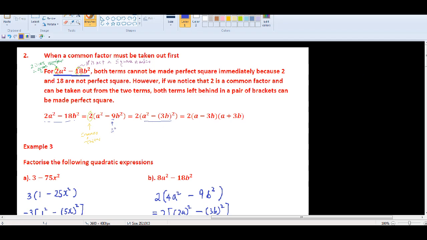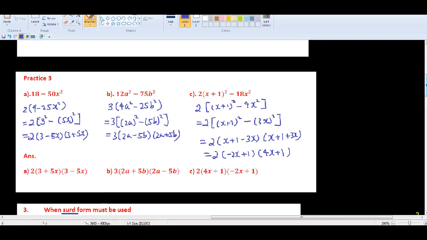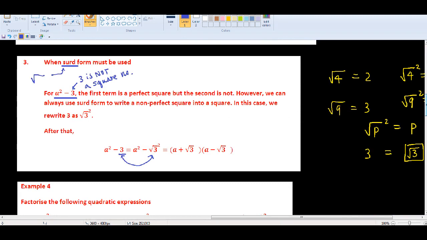And the last thing, which is the most difficult, is when the number can't be rewritten by any means into a square number.